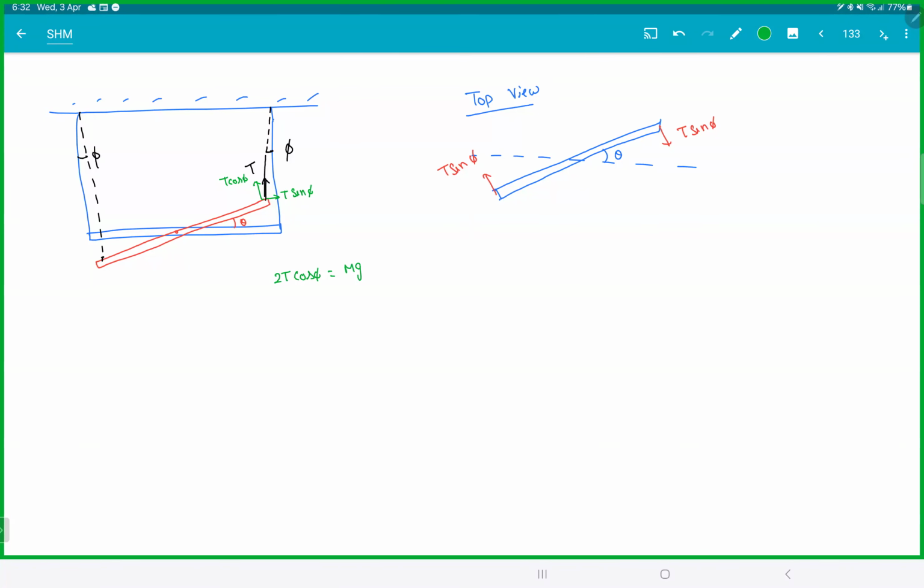I hope that diagram was clear. This would be T sin phi. This would be T cos phi.